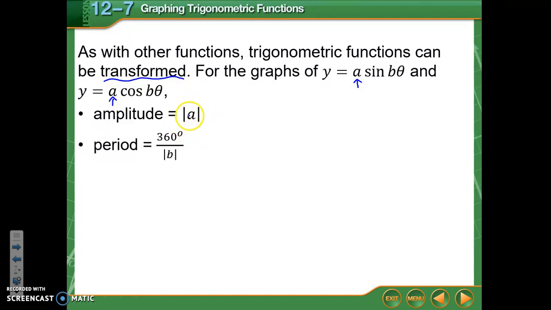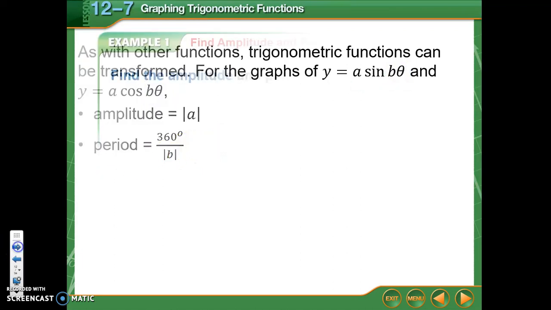So the absolute value of A is the amplitude, and the period is determined by whatever is multiplied by theta inside of my function. So I have the sine of b times theta. I take 360 degrees, which is the original period of the sine or cosine function, and I divide by the absolute value of that b, and that will give me the new period. So if this is 3b, I divide 360 by 3, and I get 120 degrees as my new period.